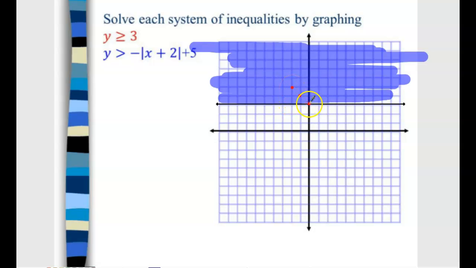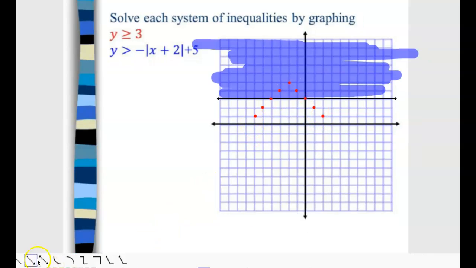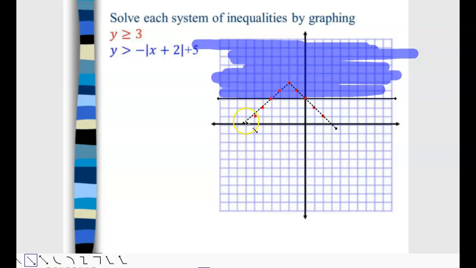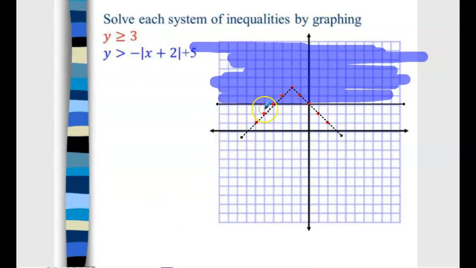It's open down. It's also dashed. And then it's y greater than, so that means we shade outside or above. So it's going to be everything above the horizontal line and above the absolute value.